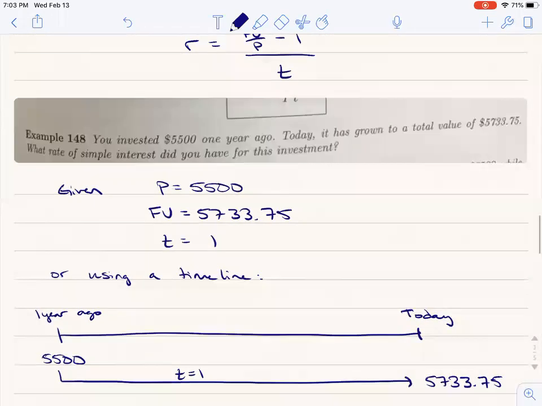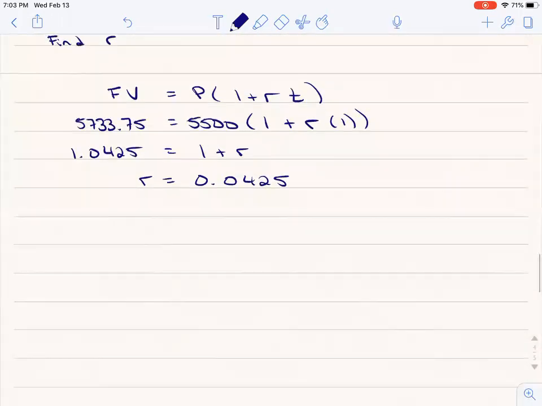What rate of simple interest did you have for this investment? 0.0425, or 4.25%.